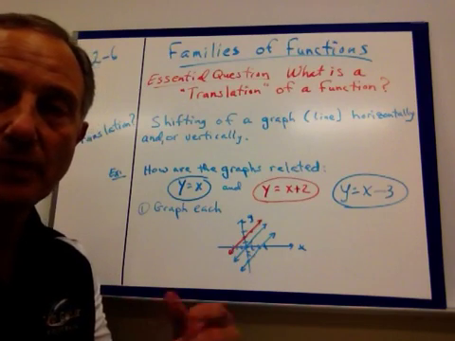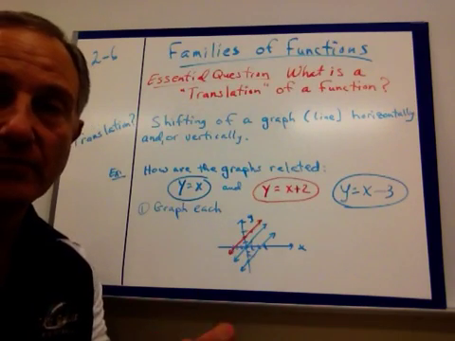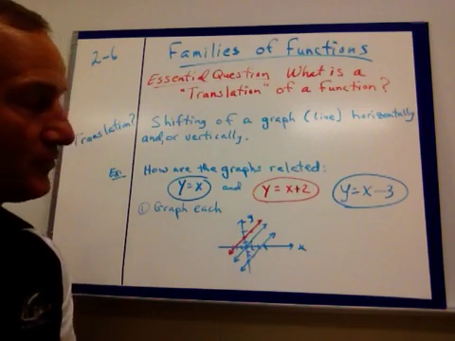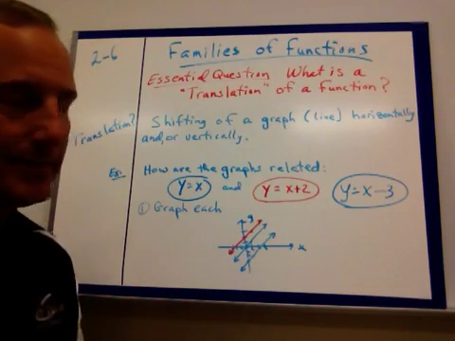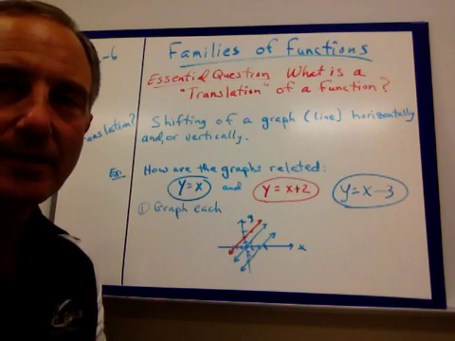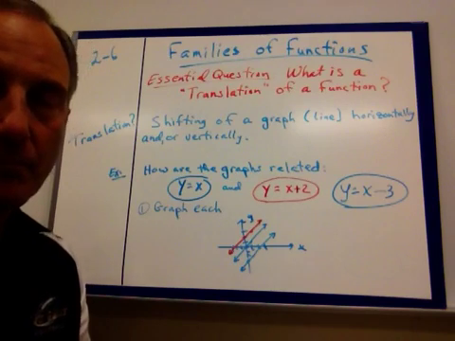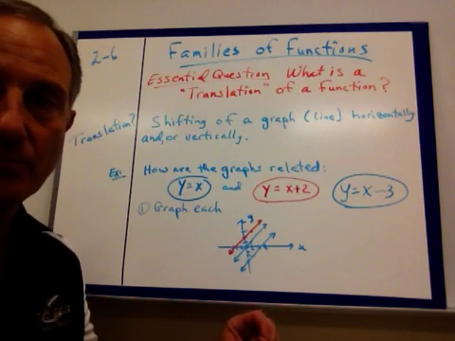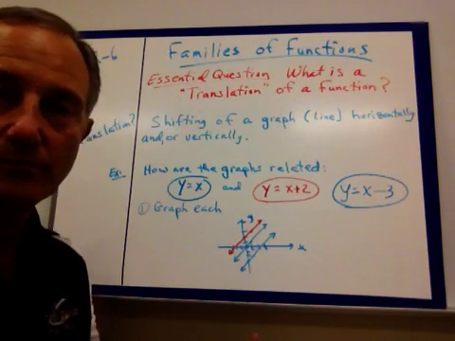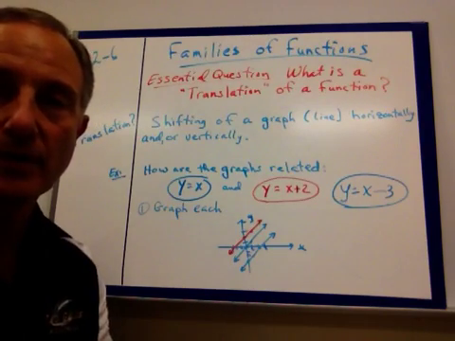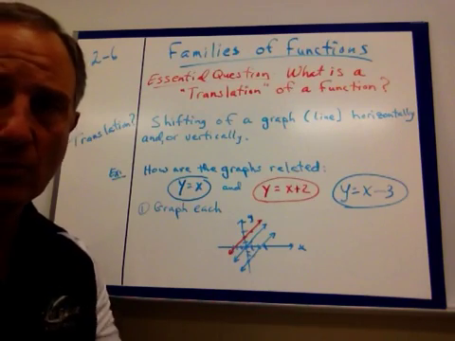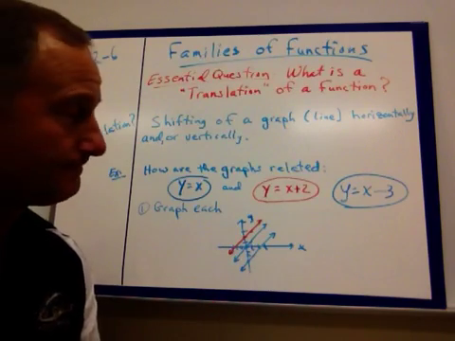When we get into absolute value next week and some of these others, we'll also shift it right and left. You'll hear terms like compressed or stretched. We'll get into that a little bit, but mainly you're going to be able to look at an equation and know where it starts from, whether we're talking about a vertex of an absolute value or a quadratic, and how we would translate or move that graph just by looking at the equation without having to plot a bunch of points.